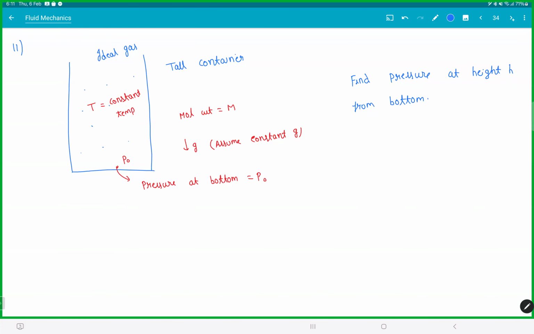You don't need area, because if you have more area, you'll have more gas, so it balances out.